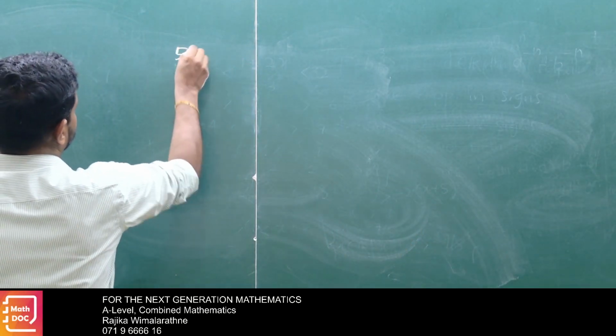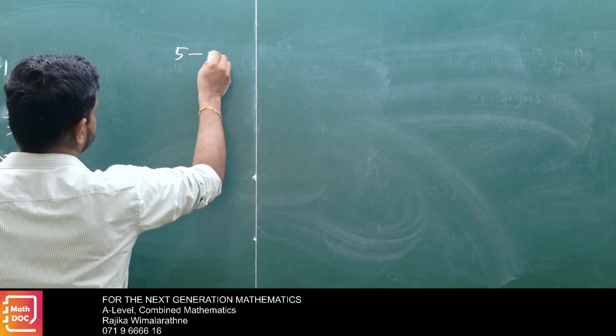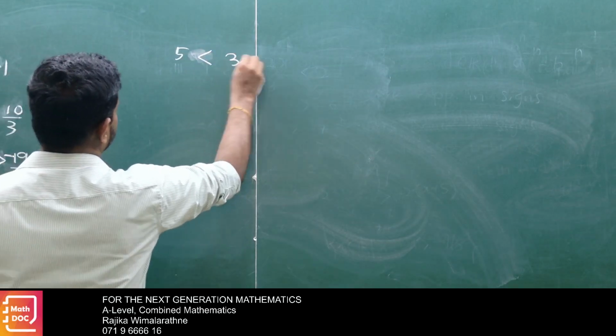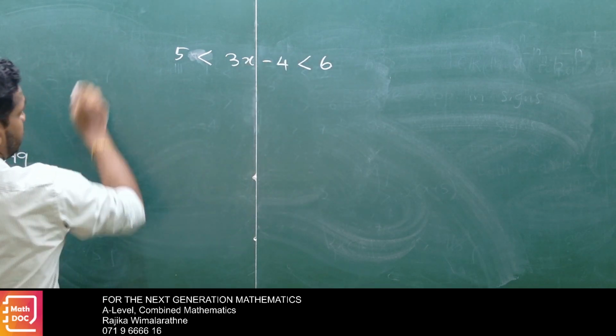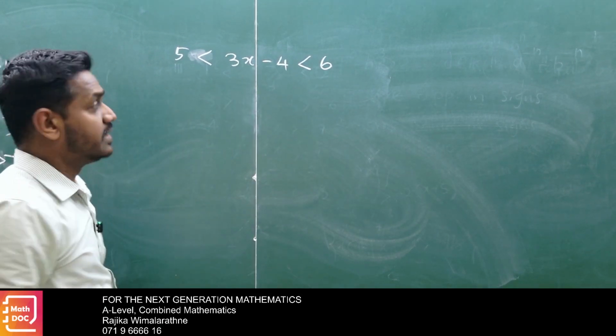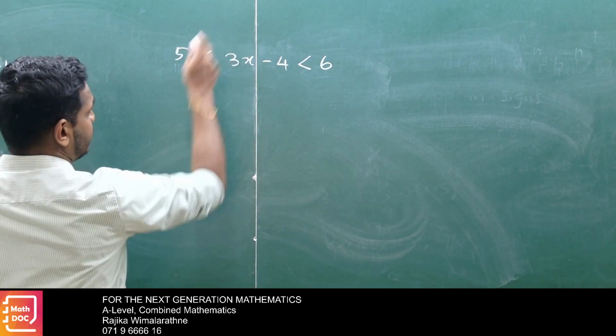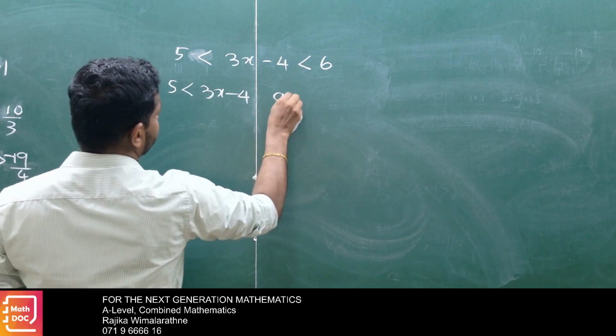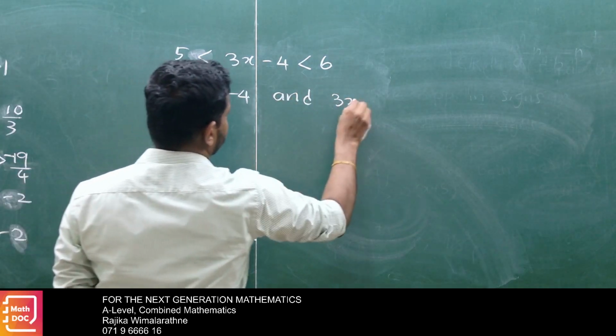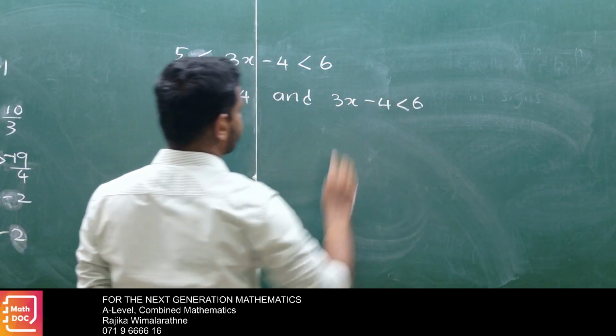Consider 5 less than 3x minus 4 less than 6. Here check this method. For a double inequality, we say 5 less than 3x minus 4 and 3x minus 4 less than 6.